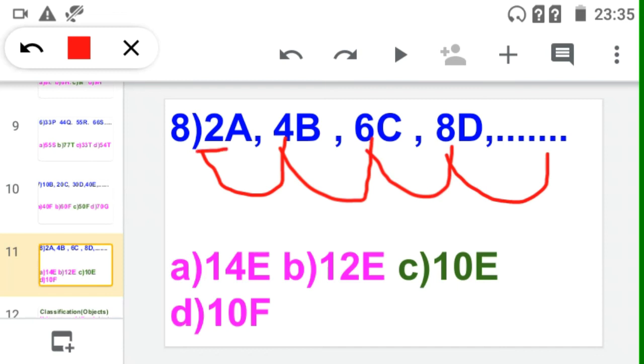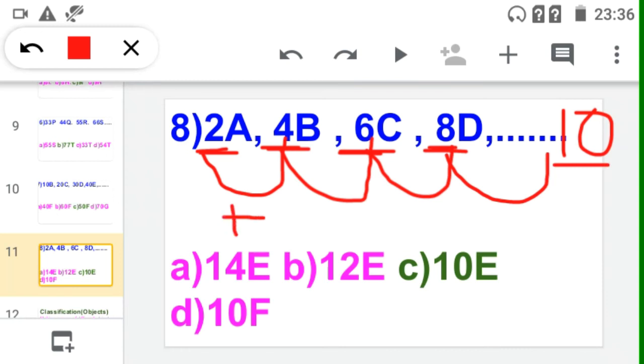Correct? 2 ones are 2, 2 twos are 4, 2 threes are 6, 2 fours are 8, then 2 fives are what? 2 fives are 10. Correct. So in the fifth term there should be a 10. It is the 2's table. Then after 8 in the 2's table, 10 should be there.